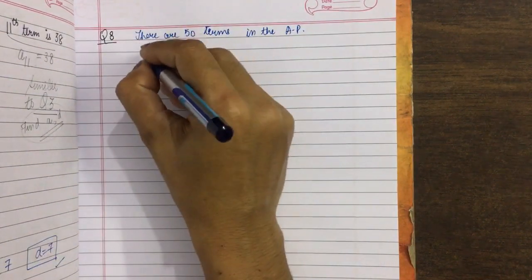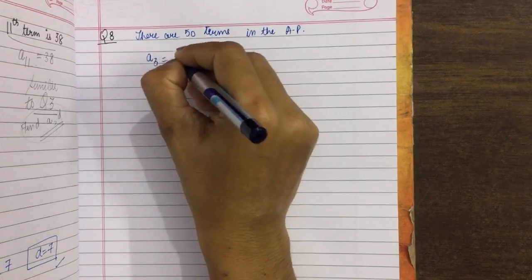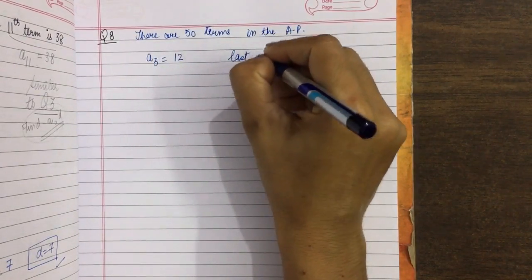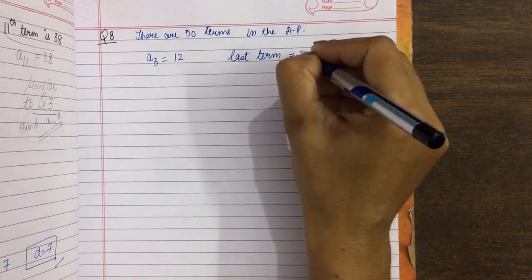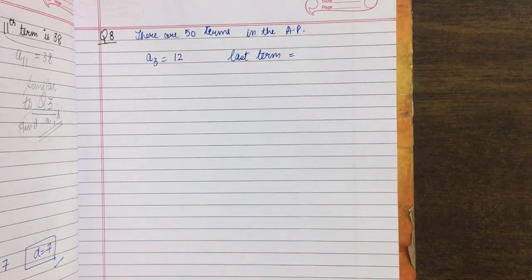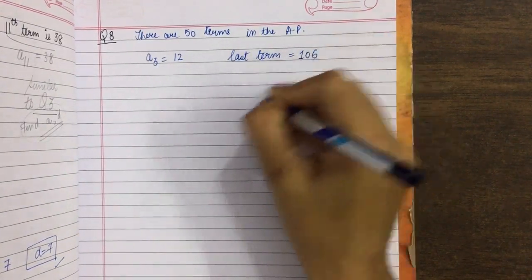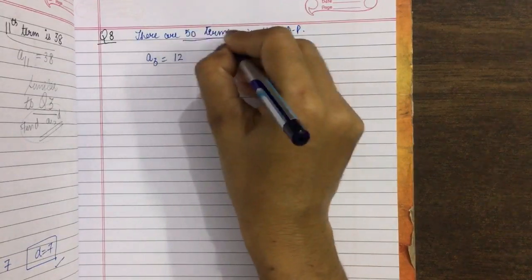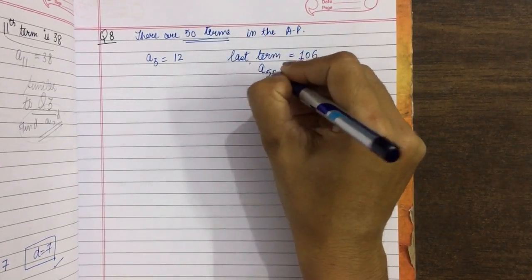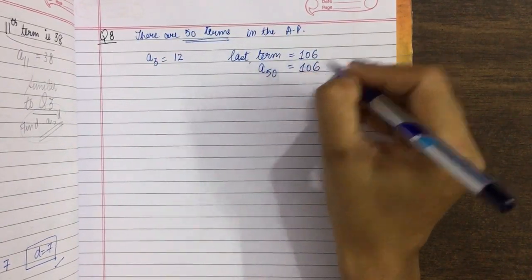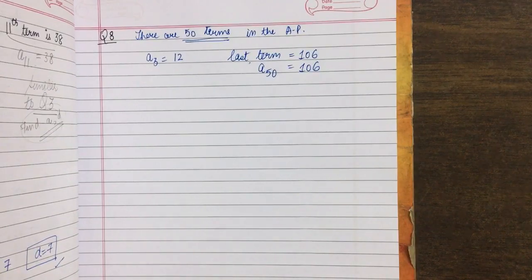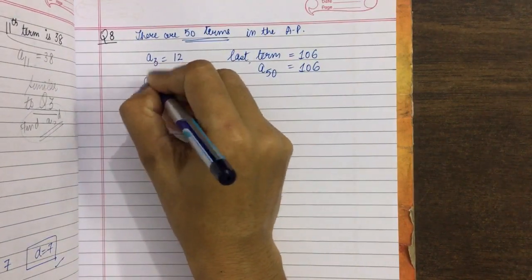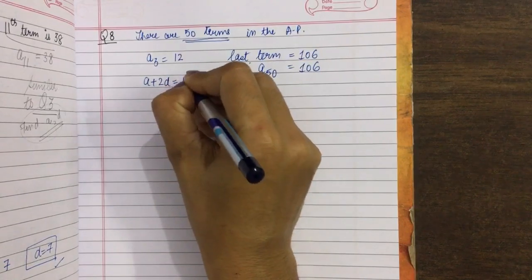They have given the third term. The third term is 12 and the last term is 106. So the last term would mean the 50th term. This is 106. Now we are going to make two equations using these two. From here it will be A plus 2D equals 12.